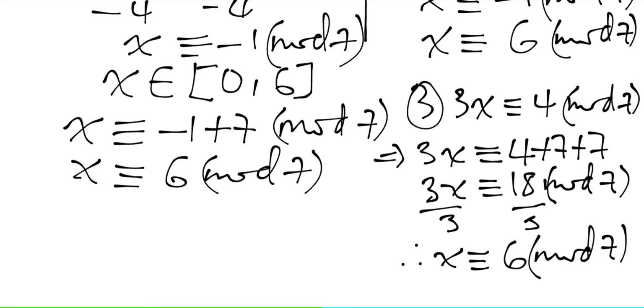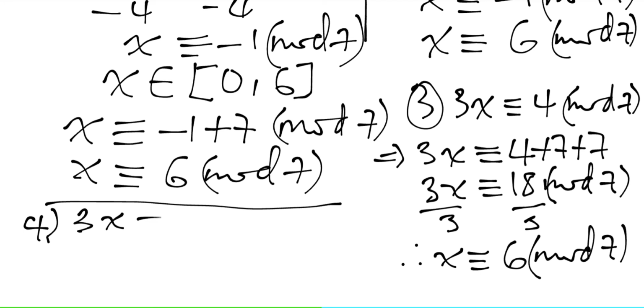One other possibility again is to find the multiplicative inverse of 3 in modulo 7 and then multiply on both sides. It has to do with doing so by inspection. So you find this multiplicative inverse by inspection, because again the aim is to solve the linear congruence as fast as possible.